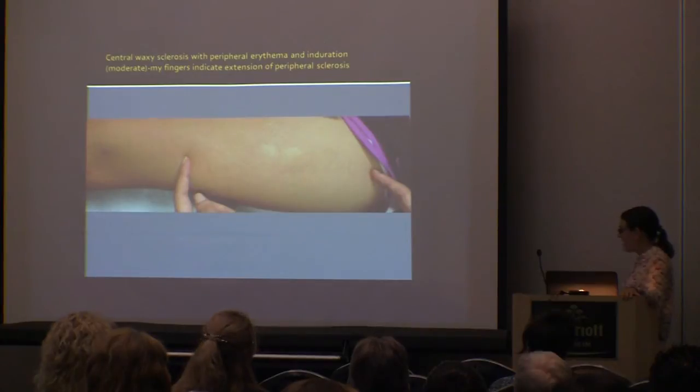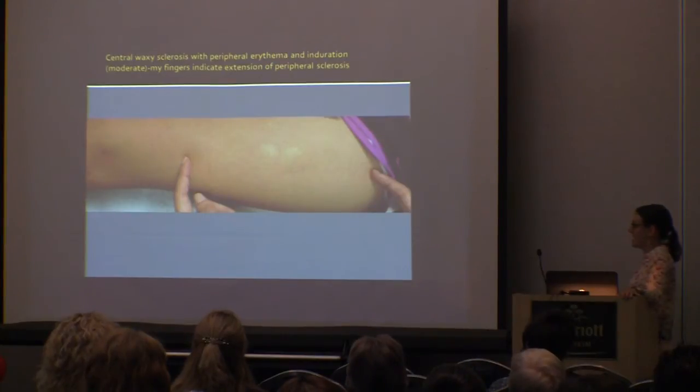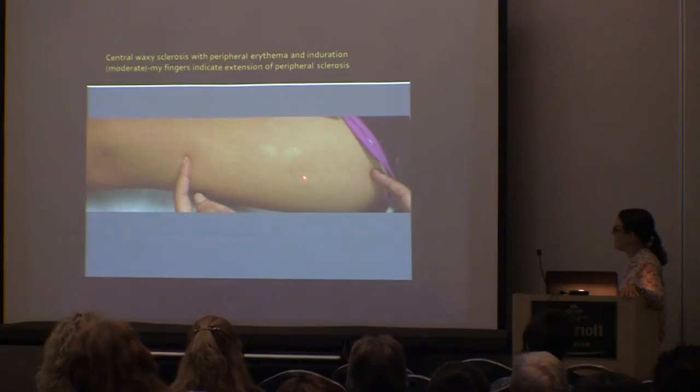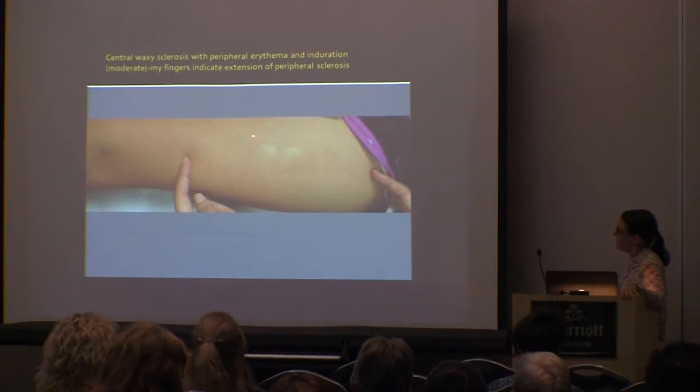The other thing is that just looking is not going to help you with these because they can actually extend beyond where they're obvious. So if you were to just look at this patient's leg, you might think this is the area of involvement. And again, you see this central area where the collagen is, and then this subtle redness surrounding it. And in this photo, you can almost see the follicles are a bit enlarged.